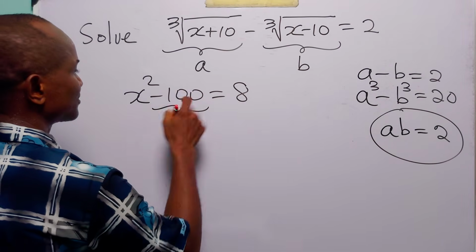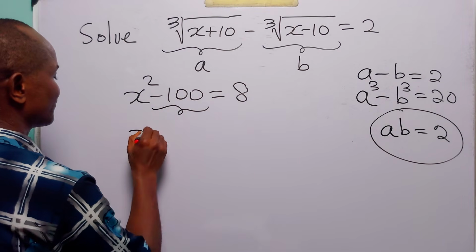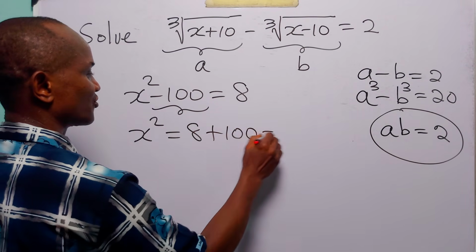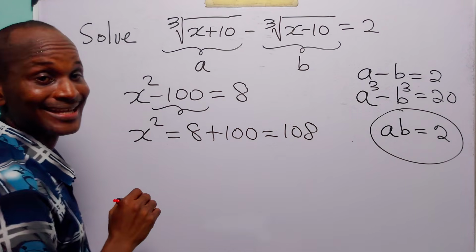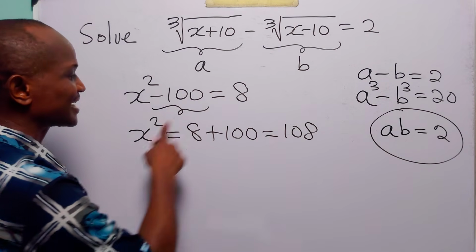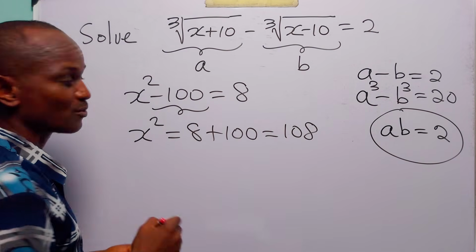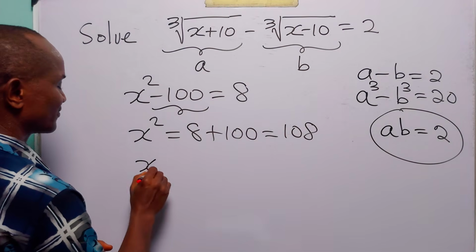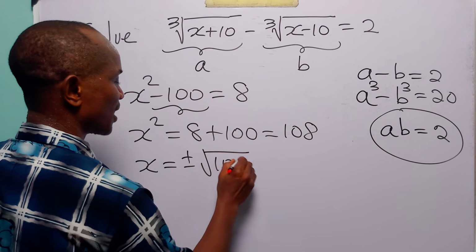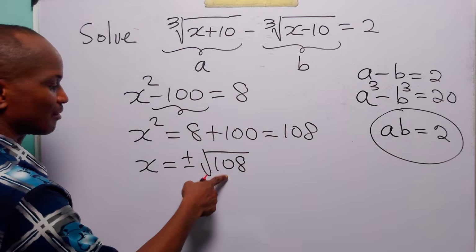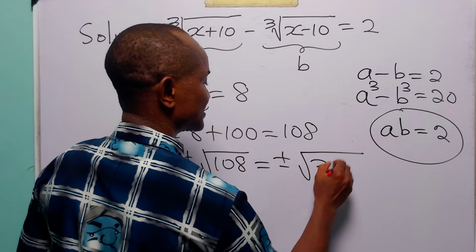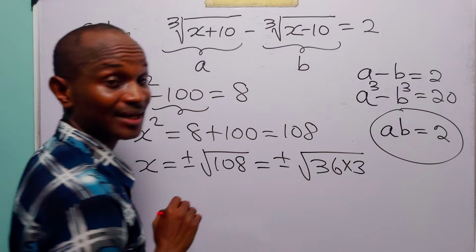Now, moving this over to the right-hand side, we have that x squared is equal to 8 plus 100, that is 108. And finally, to find the values of x, we take square root of both sides of this equation. When we do that, we have that x is equal to plus or minus the square root of 108. But 108 is 36 times 3.